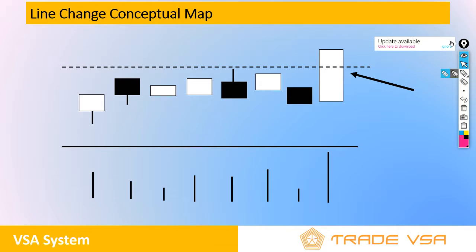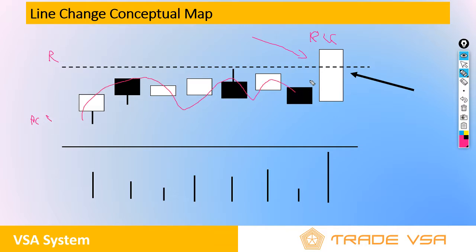So this is the conceptual map of the 18 line change, and how it works. This is the 18 LC bar that breaks above this resistance level. On the left-hand side, we tend to look for the accumulation stage, where price moves sideways with narrow spread and lower volume.